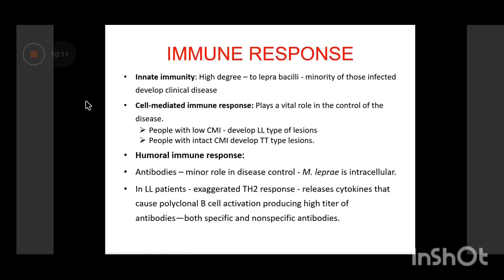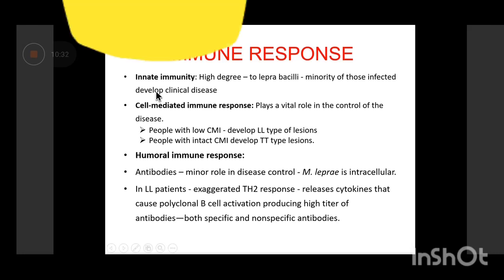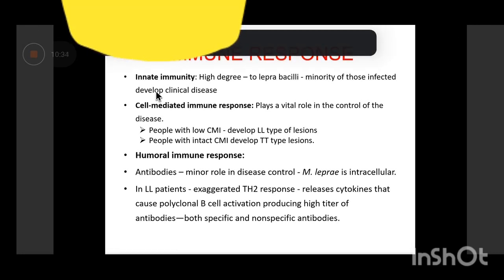Now coming to the immune response. The immune response is very important in leprosy because it determines the outcome of the disease. As I told you, in lepromatous leprosy, CMI is very poor, and in tuberculoid leprosy, the CMI is good.